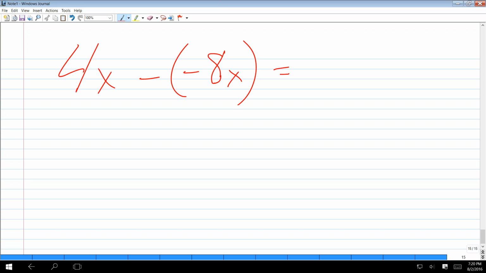And yet it's the same problem, right? You're doing 4 minus a -8, so it's got to be a +12, and the x goes along for the ride. I think the flashcard just helps make it look a little more simple.